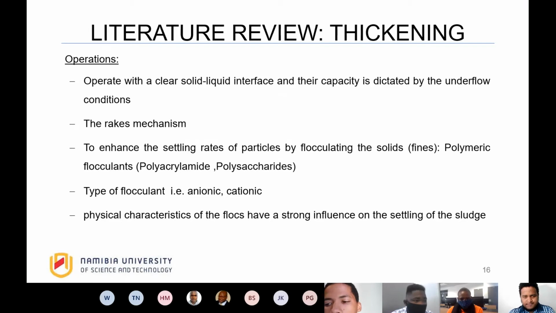In terms of deciding which type of flocculant to use, that would depend on the ore type that you are treating. You would look at the characteristics of the flocculant, whether you would want to use the anionic or cationic, and this is in terms of the surface property of your ore type. The physical characteristics of the flocculant have a strong influence on the settling of the sludge.